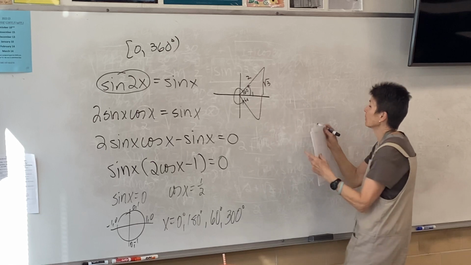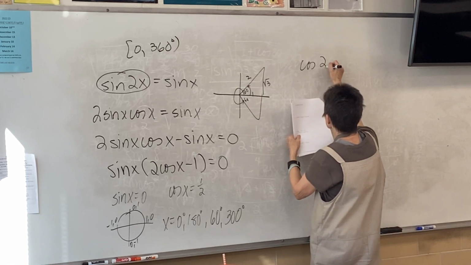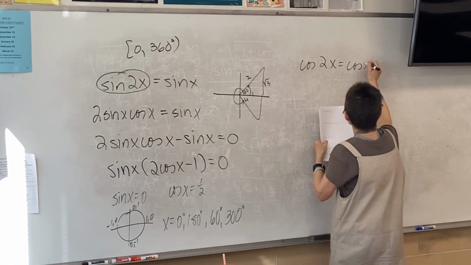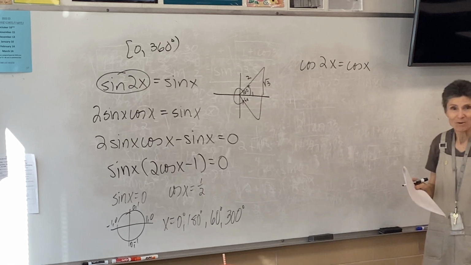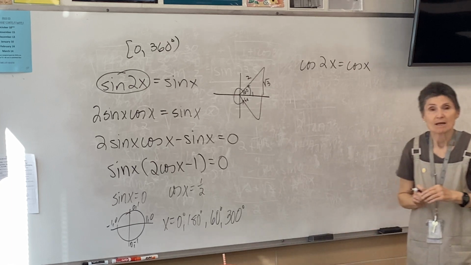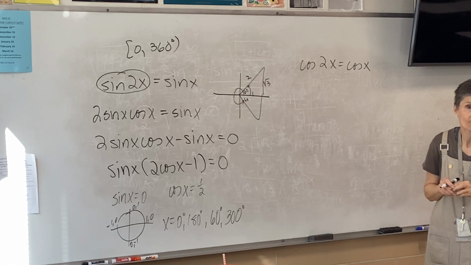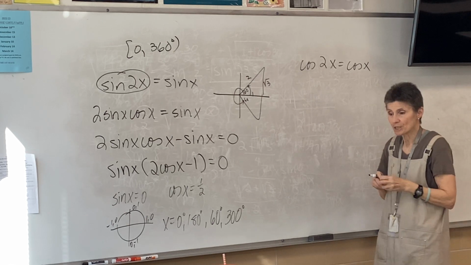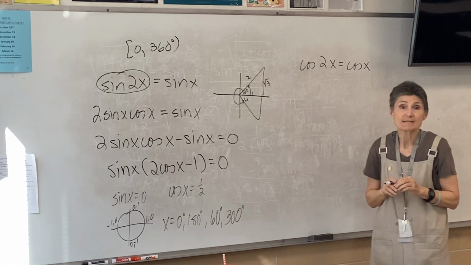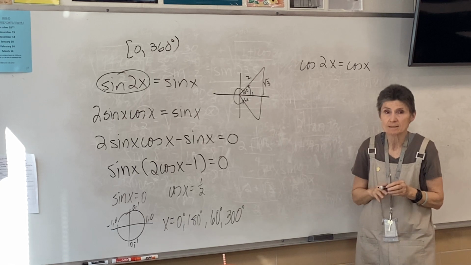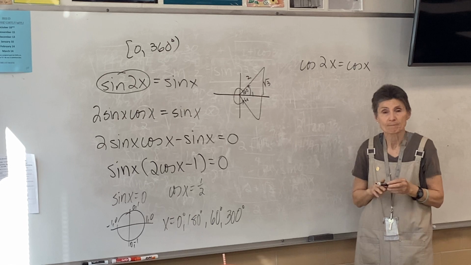All right, let's look at the next one. Same sort of thing. So you know, because we just did it, that you've got to change that cosine 2x into something. Now you'll notice on your sheet that there are different versions of cosine 2x.